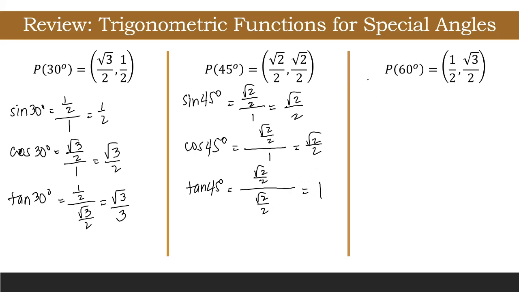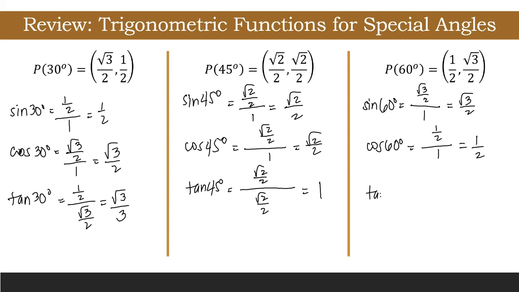For the third special angle, meron tayong sine 60 degrees. Ang y natin ay square root of 3 over 2. Ang r natin ay 1. Again, 1 ang r dahil galing ito sa unit circle. That is why sine 60 is square root of 3 over 2. For cosine 60 naman, meron tayong x na 1/2 over r, or just 1/2.